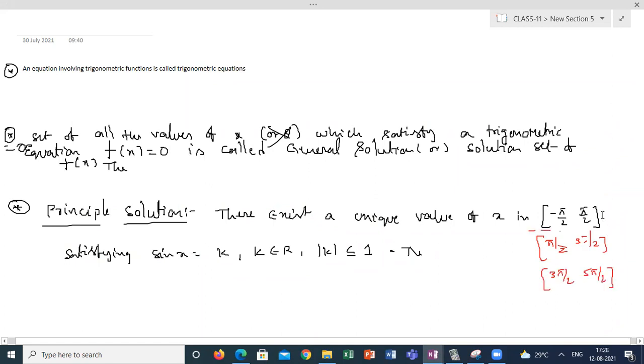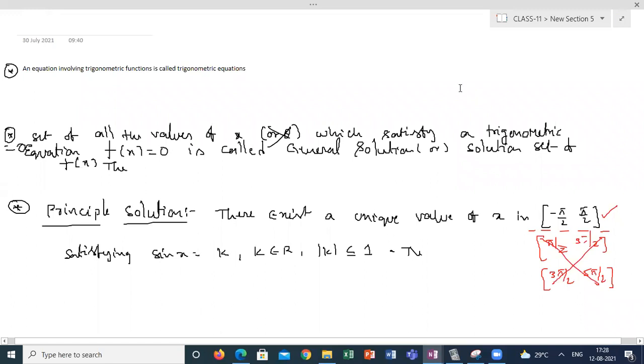Discuss the solution of sin x in the range of minus pi by 2 to pi by 2. If he is making one interval and asking for the solution, you have to give only one unique value. But if he is asking for the solution from minus infinity degrees to plus infinity degrees, what are the possible solutions? You have to frame them as a single statement.